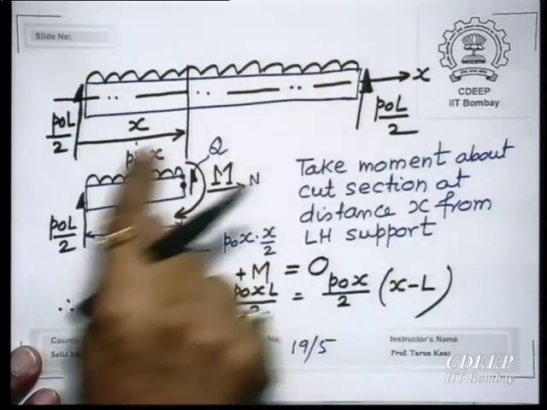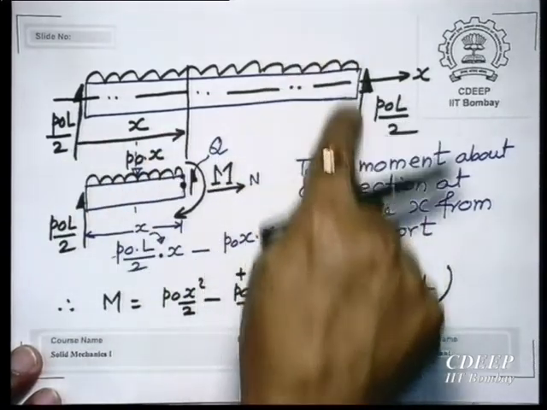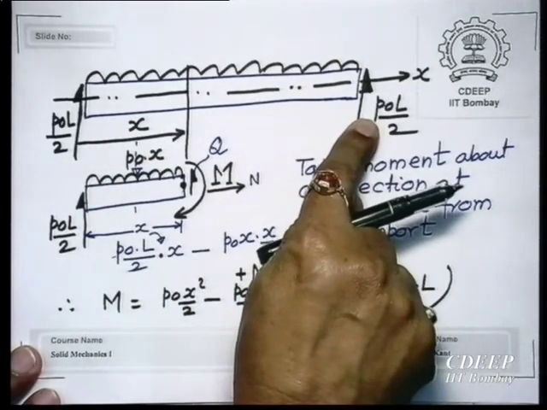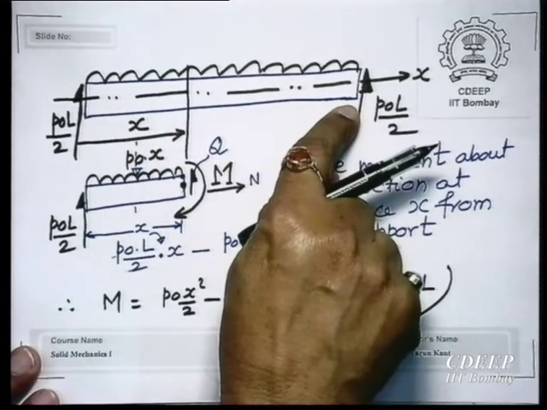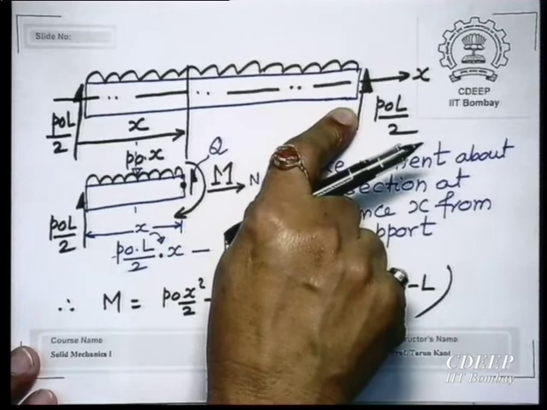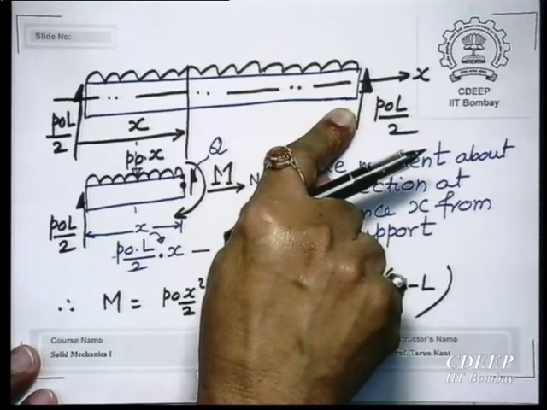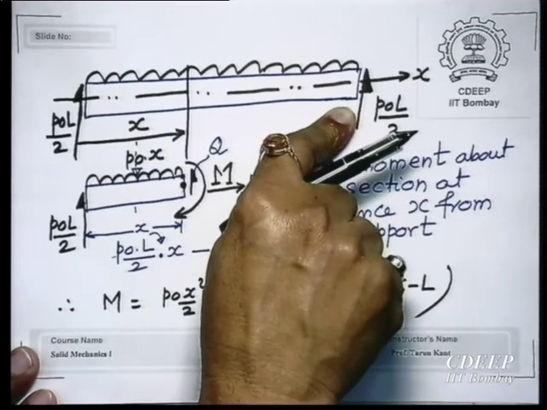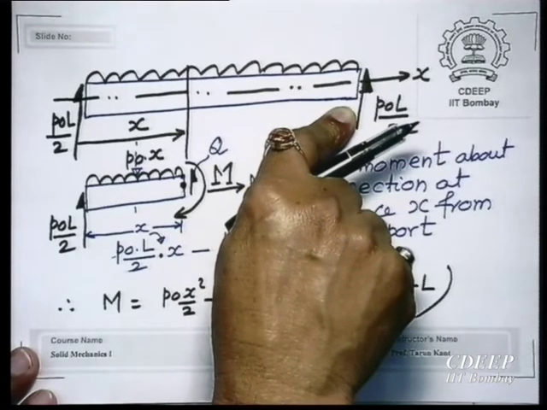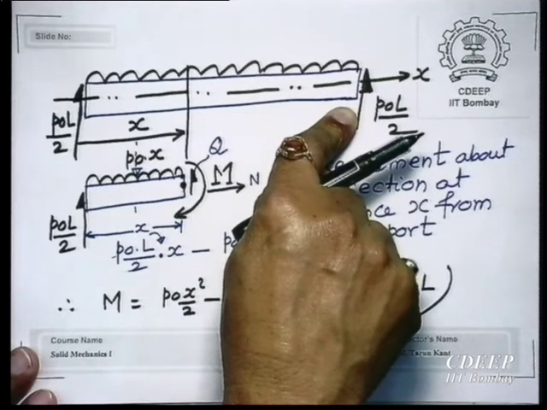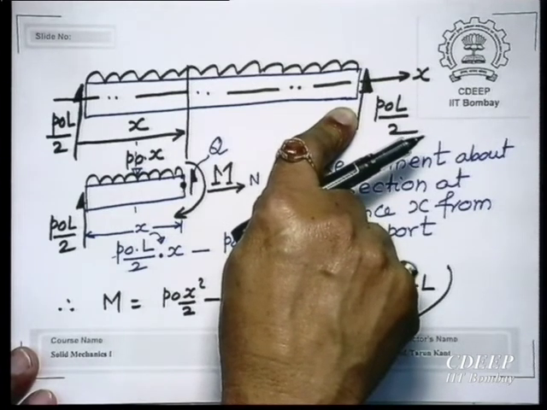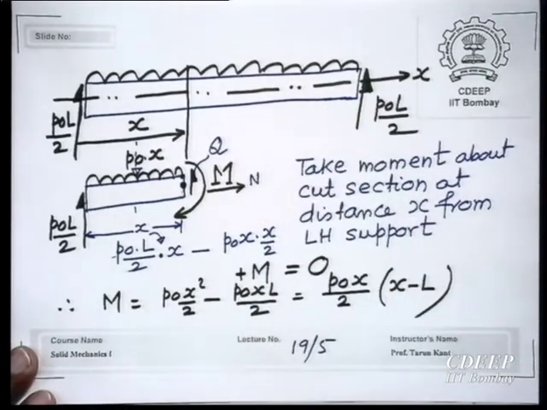So it is valid for all the sections up to L. All these calculations are valid from 0 to L, x greater than 0 and x less than L, little greater than 0 and little smaller than L, not exactly at the support. You cannot do that. So this is all right.